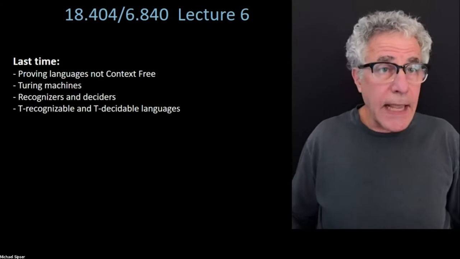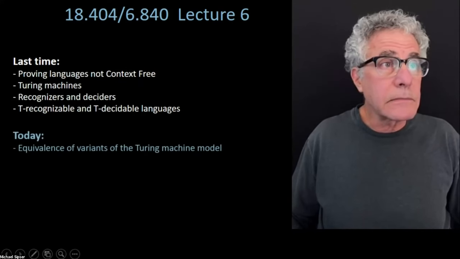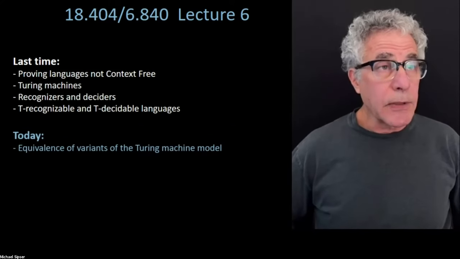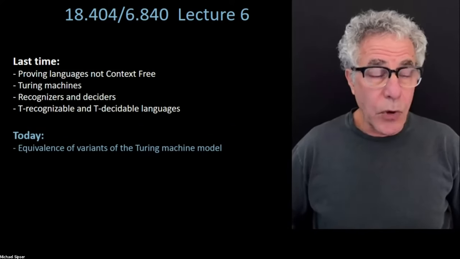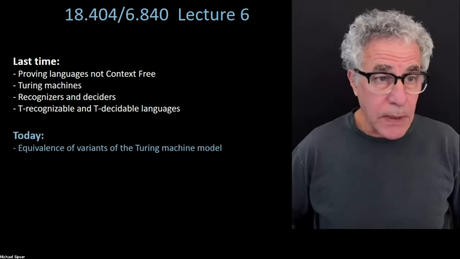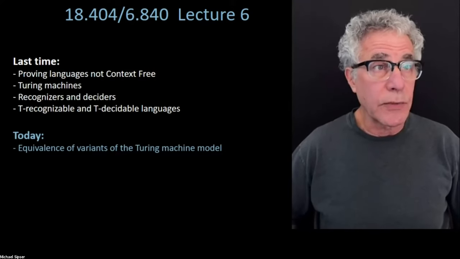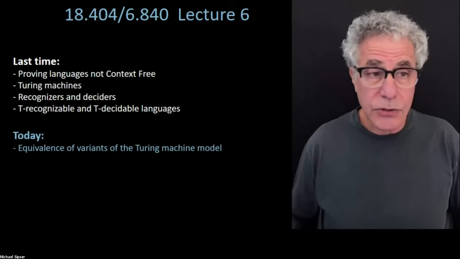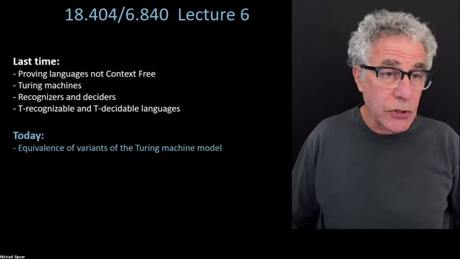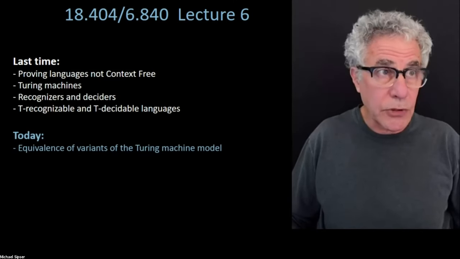What we're going to be doing today is looking at the Turing machine model in a little bit more depth. One can define Turing machines in all sorts of different ways, but it's going to turn out not to matter, because all of those different ways are going to be equivalent to one another. And so we are going to stick with the very simplest version, the one we've already defined, namely the simple one-tape Turing machine.